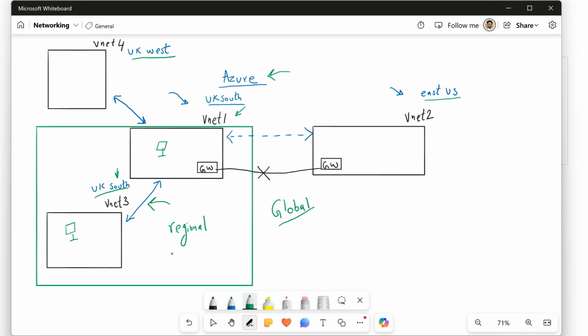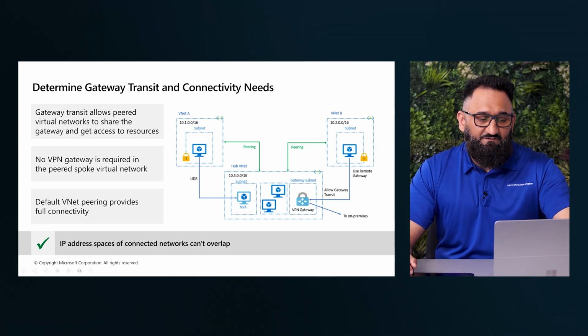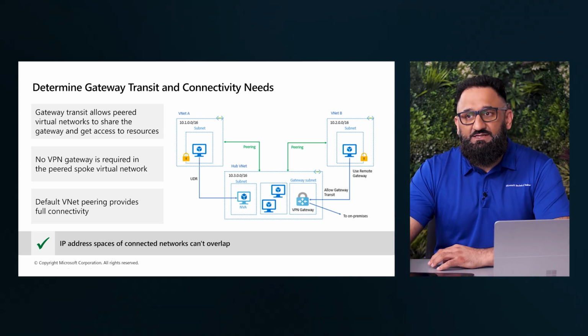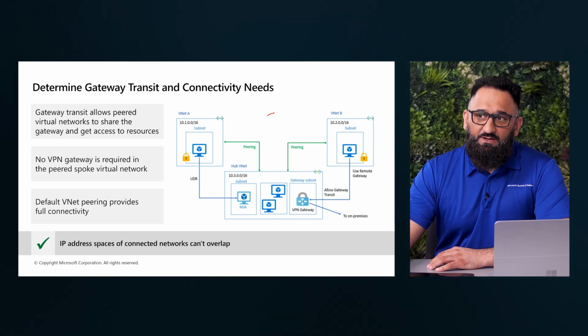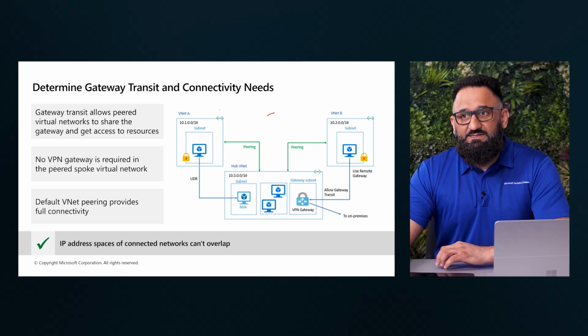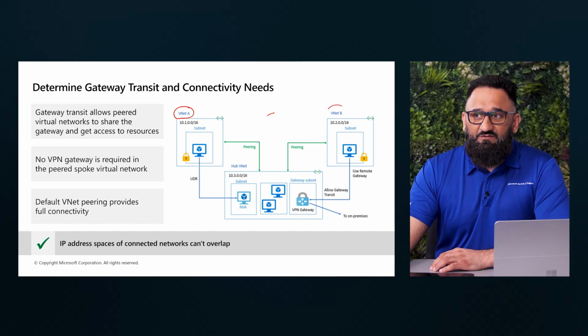Now let's have a look at an example on the slide. In this scenario, looking at different VNets that we have, let's break down this particular scenario very quickly to understand what's going on. If I look at it, we have a VNet A, another VNet called VNet B, and another VNet called Hub.